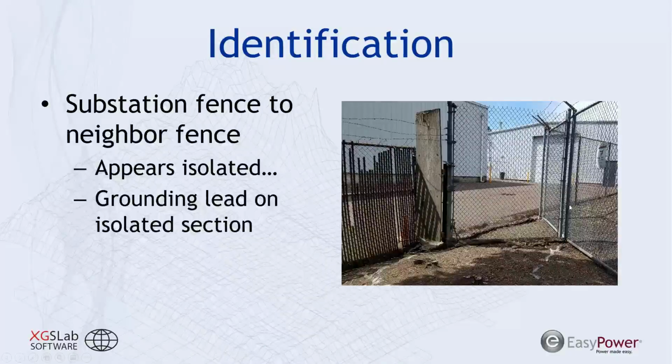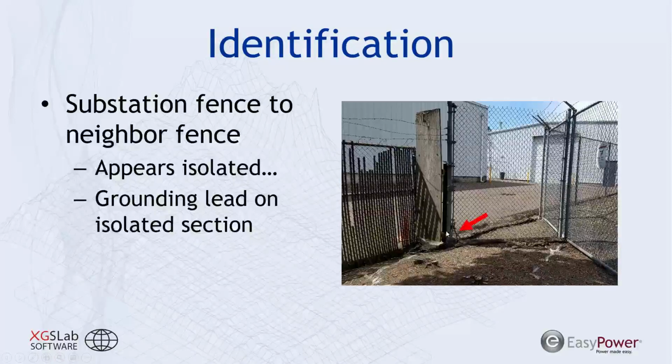The substation fence is grounded and bonded, and there's an air gap between this post and the post on the right. And what that suggests is that somebody was doing a design and considered direct metallic transfer voltage and tried to mitigate for that by providing this little air gap. Now, this appears to be a proactive step in mitigating any sort of direct metallic conduction of a voltage from the substation to this neighbor's fence.